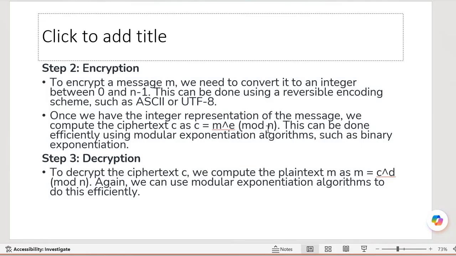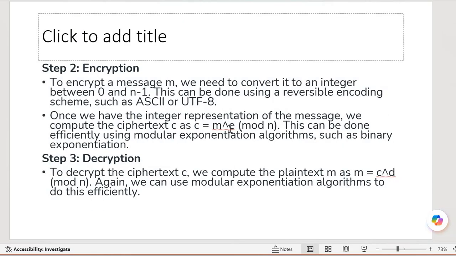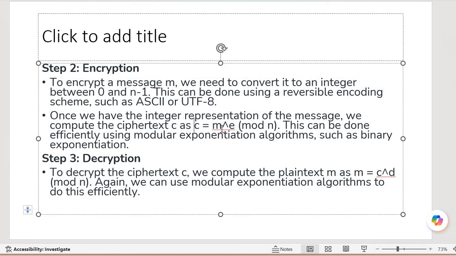Mod means you have to calculate the remainder. m is your message, and e is the value from the public key (n, e). And n is P into Q, which we calculated in the first step. So you will use this equation to find the ciphertext of your plain text.